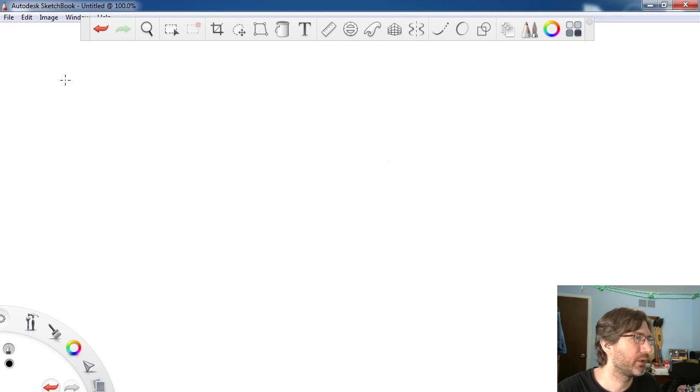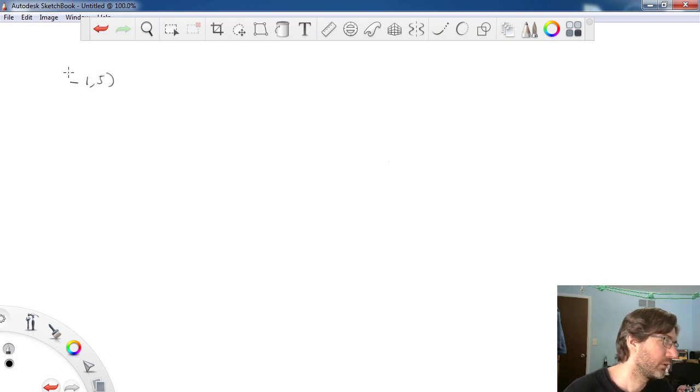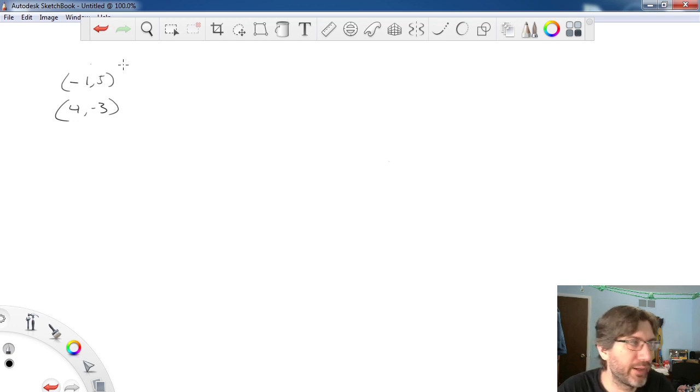So let's say we had, let's pick another problem here. I can find 2 points here. We'll pick -1, 5, and 4 and -3. So we just want to know how to find the distance. Maybe we want to find the midpoint.